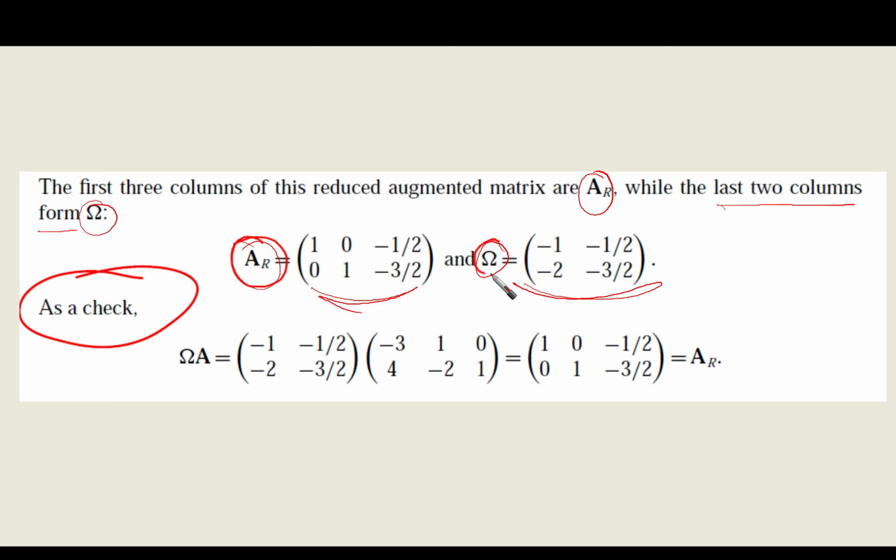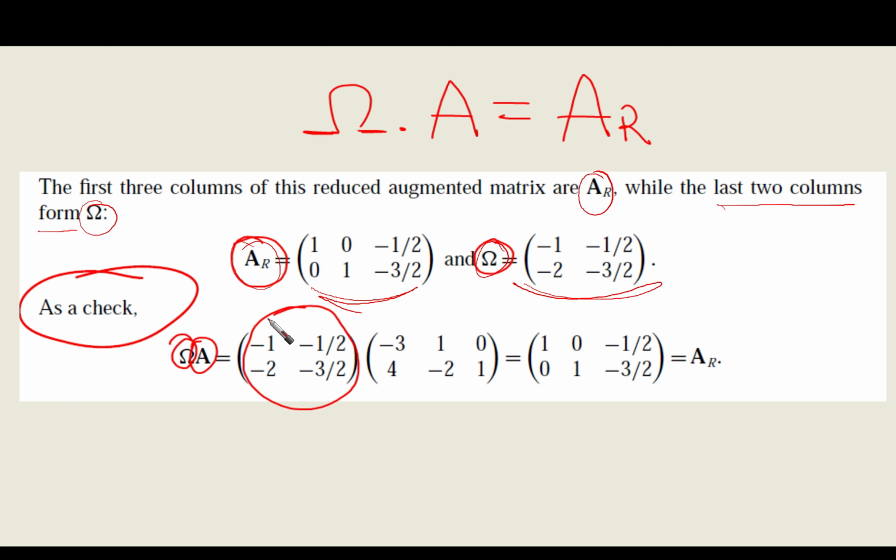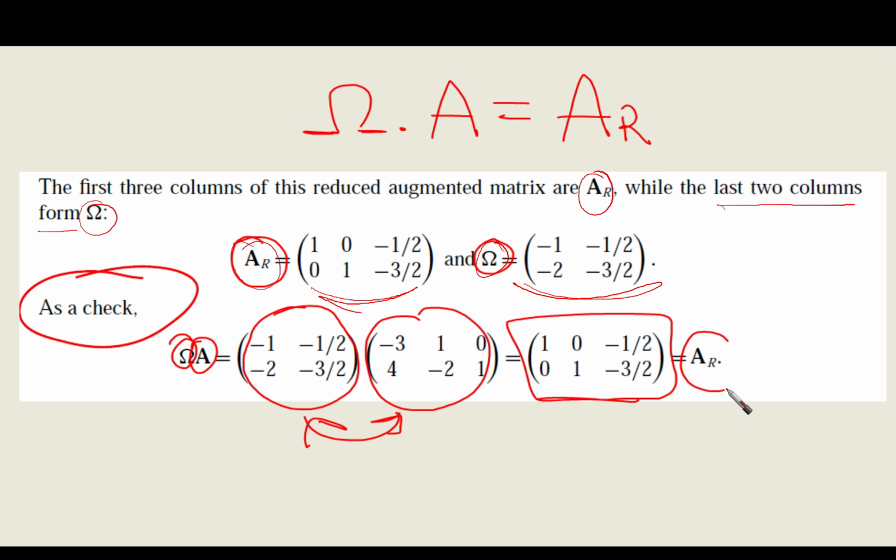We are going to multiply this omega by the original A. It must give us AR. So get this omega from the previous slide times A. Please multiply these two. You are going to find that it gives you the same answer of AR as we obtained from the previous slide.